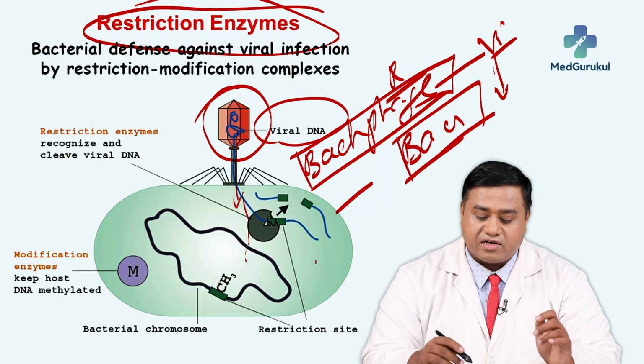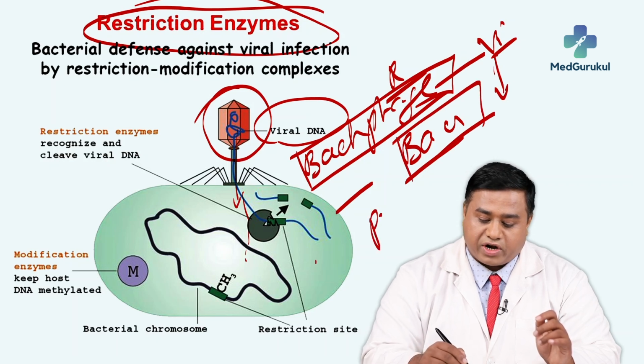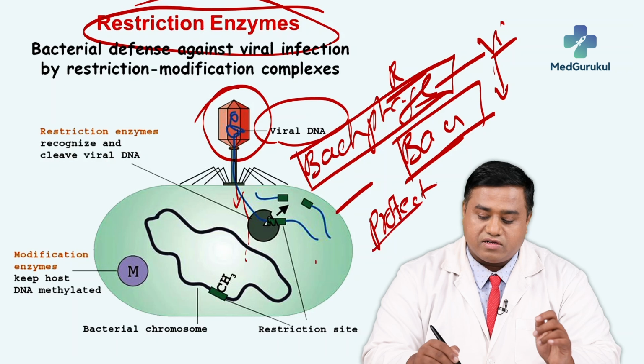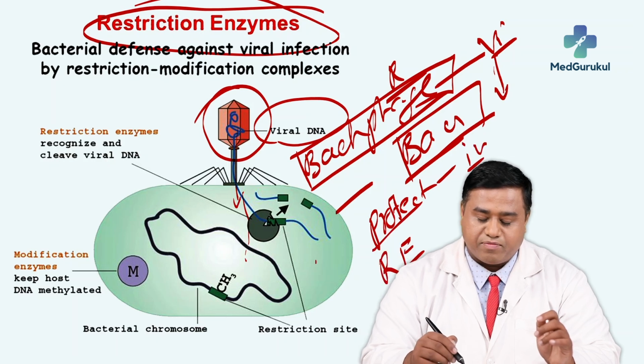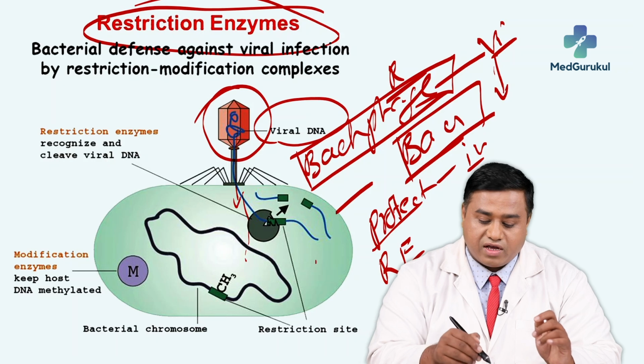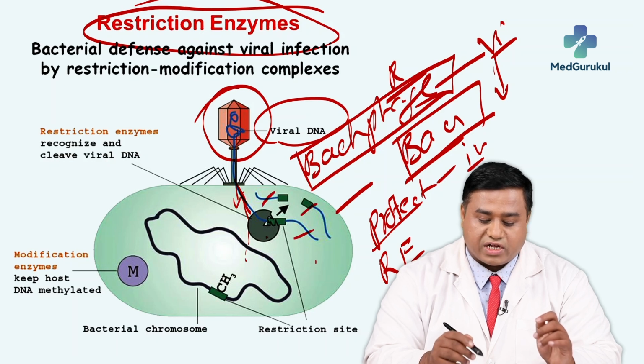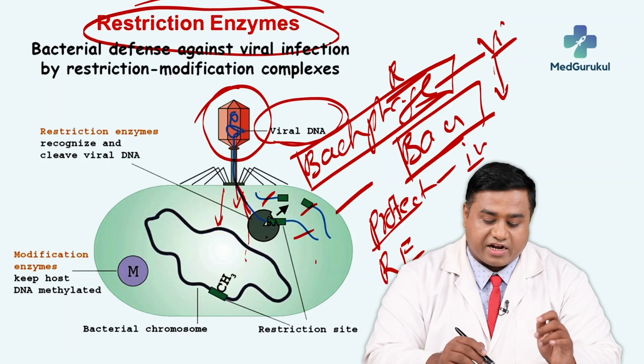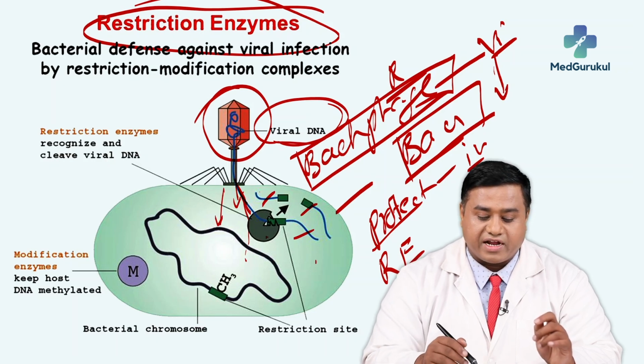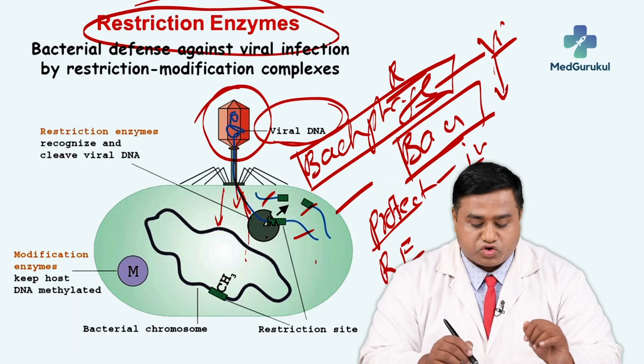So, the bacteria, in order to protect its own cell, produces an enzyme called restriction enzyme. Restriction enzyme acts on those viral DNA or RNA materials and cuts them, so that this viral DNA is not integrated into the bacterial DNA and prevents the host from getting destroyed.